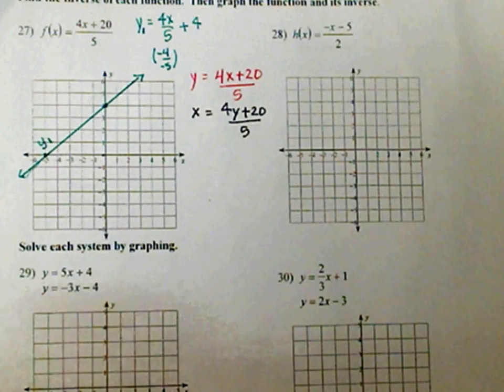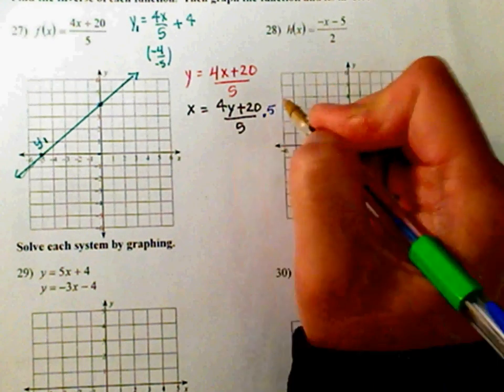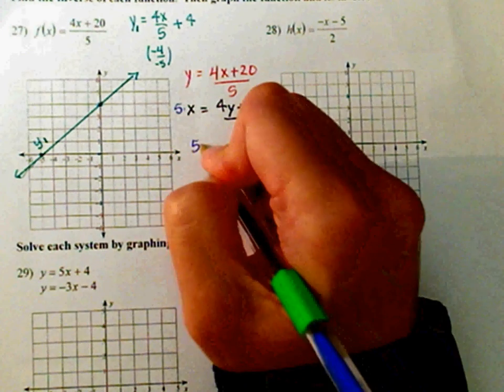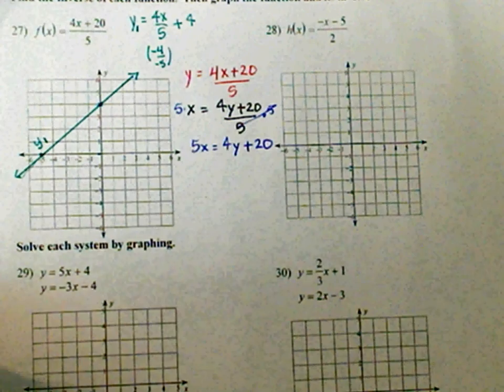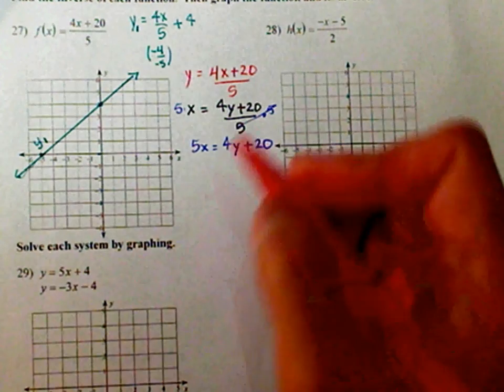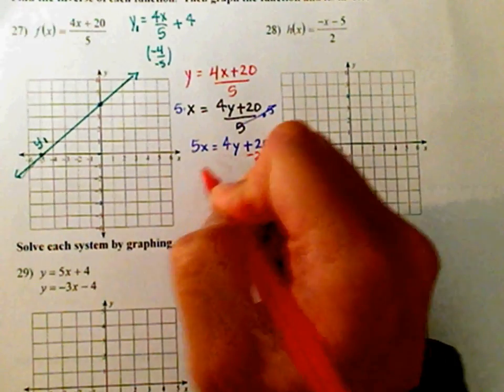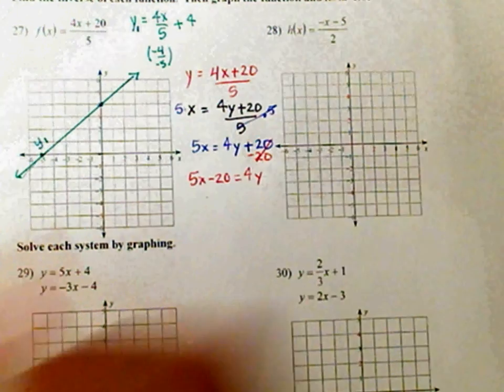Next step, solve for y. Divided by 5, inverse of that is times 5. The 5 cancels, so you have 5x is equal to 4y plus 20. Okay. Continue on with your math, solving for y. Subtract 20. What you do to one side, you do to the other. So now you have 4y.